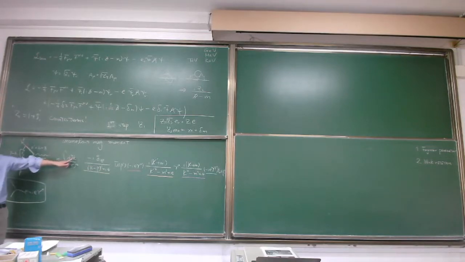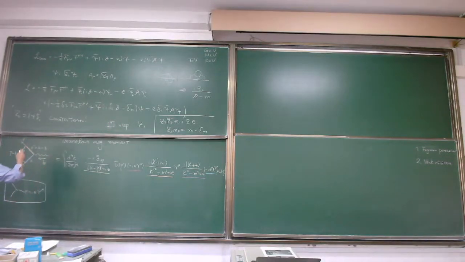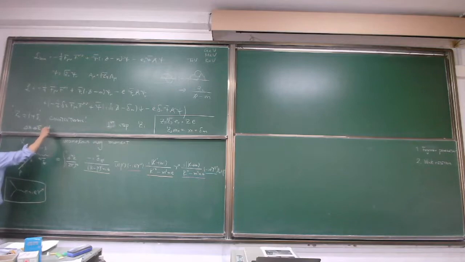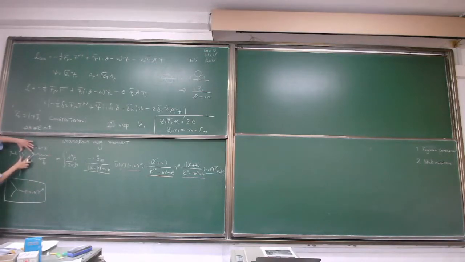If k becomes high momentum, then by Heisenberg's uncertainty principle, if k is big enough, x becomes small. So this loop becomes small, and at the end of the day it shrinks to a point. That will give you the so-called infinity.